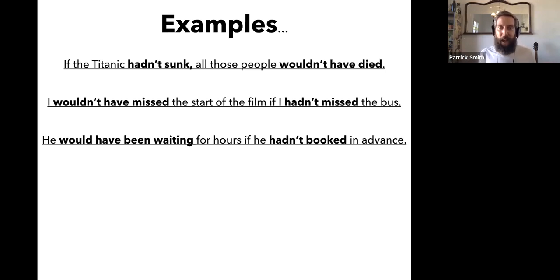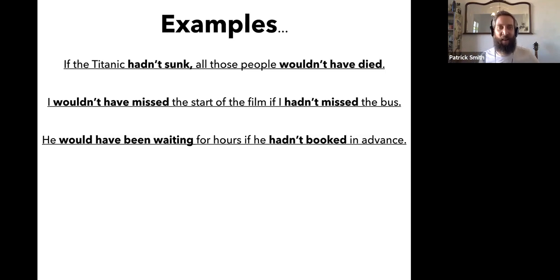Now, this one I thought was nice to include because sometimes we can even use the continuous. You see waiting with ing. In this case, it's the conditional perfect continuous. I would have been waiting for hours if I hadn't booked in advance.